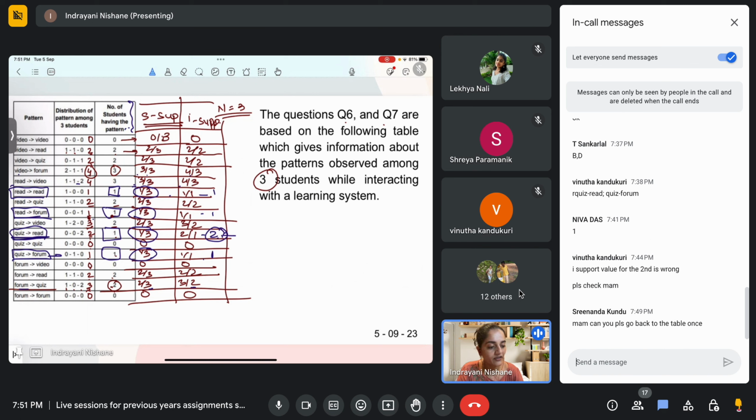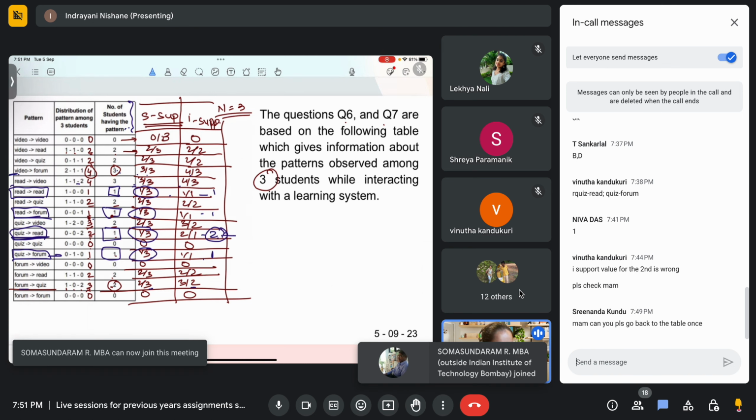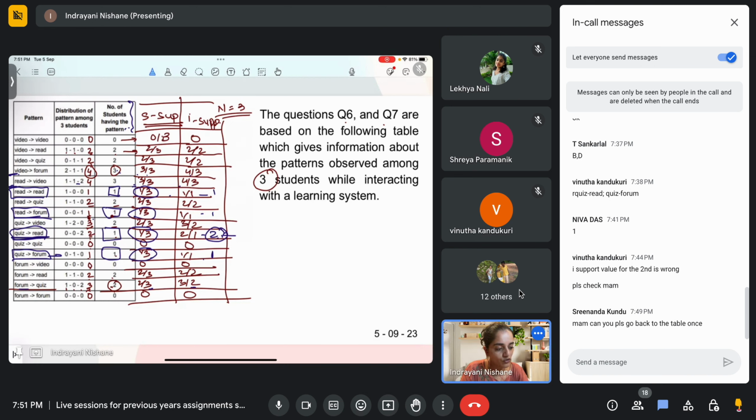So if we consider this table as a whole, as all the patterns, and we have to find the most significant pattern out of all these action sequences, then we should consider the actions observed for all three students. So video to forum, and read to video: these are two actions which are observed for all. Then they have an S support of 1.